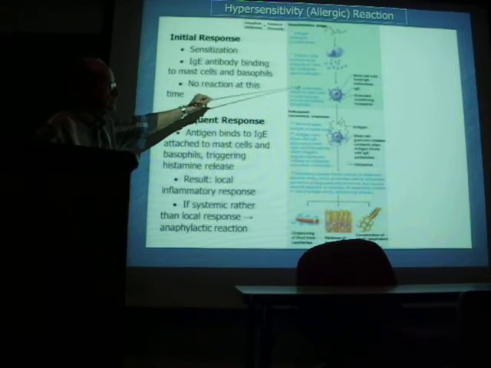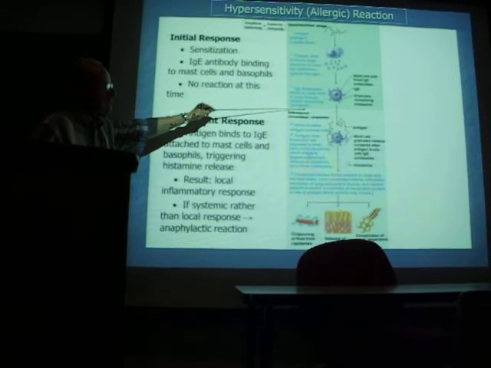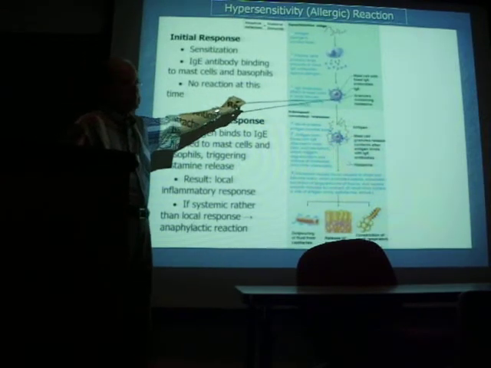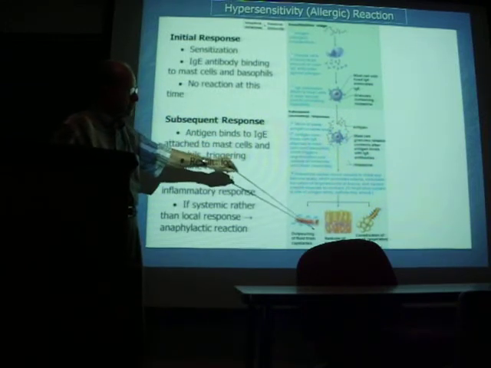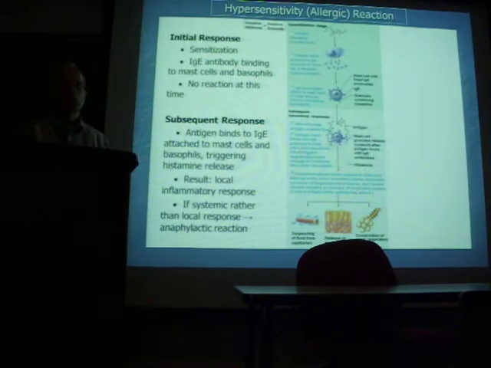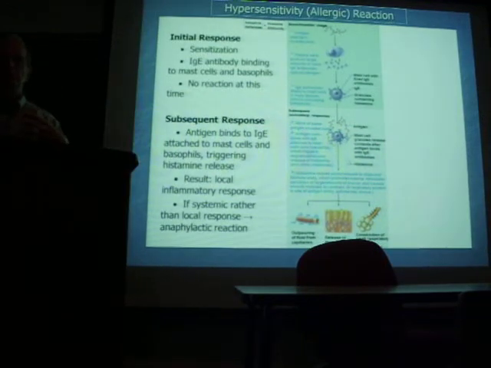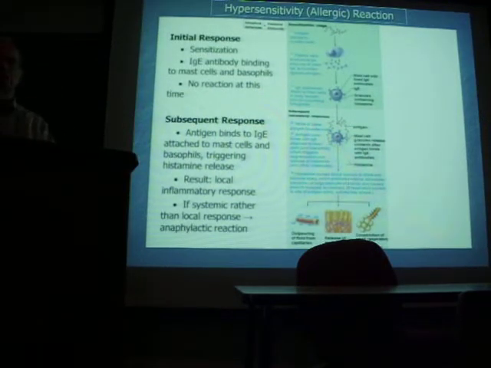So this is the way it works, right here. This is the sensitization stage. We're only setting it up. Now we meet the same allergen again, and we get the local reaction. We get swelling, mucus production, itching, coughing, runny nose, whatever.